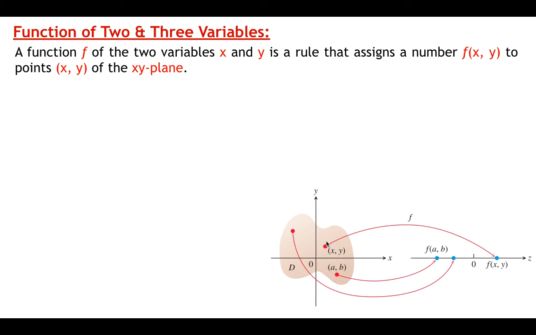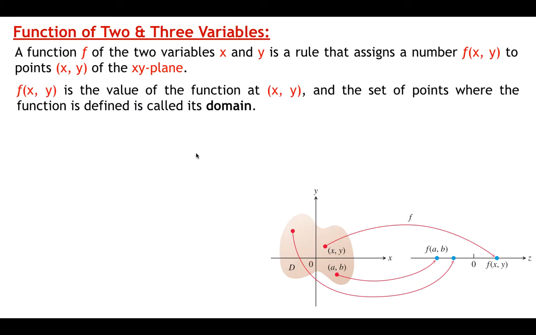For every point on the xy plane for which this function takes a real value, the set of all such points will be the domain of the function. So f(x, y) is the value of the function at the point (x, y), and the set of all such points where the function is defined is called its domain.